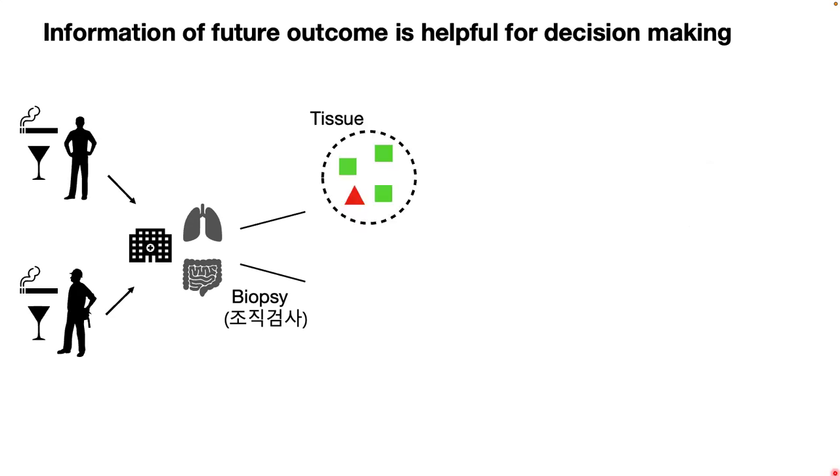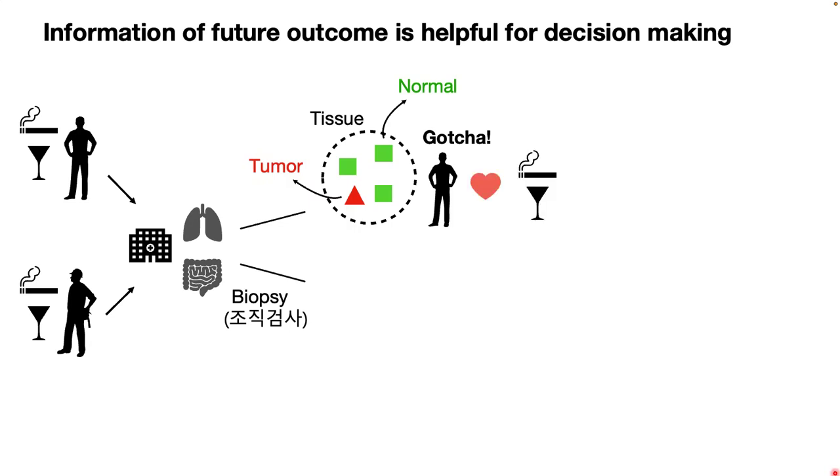And through that, the first man had this result. This one is normal tissue, and the red one is the tumor tissue. Looking at this result, you will say they're still okay. So they keep drinking and smoking, and they will face some bad consequences.